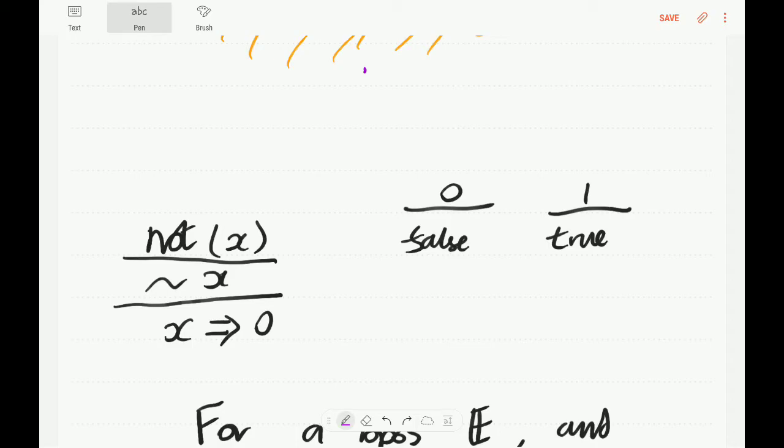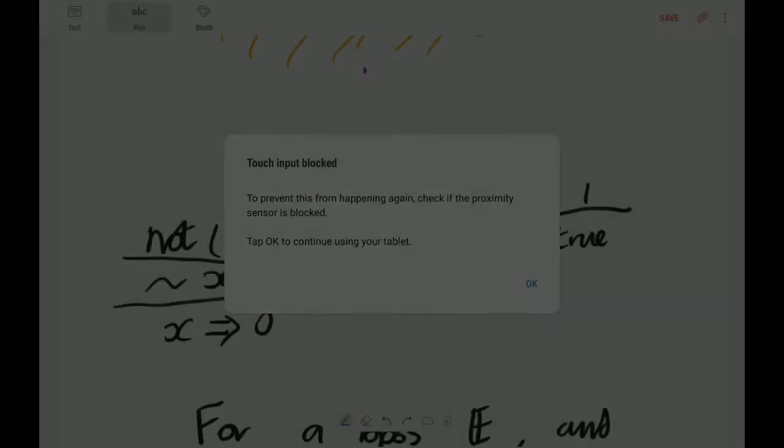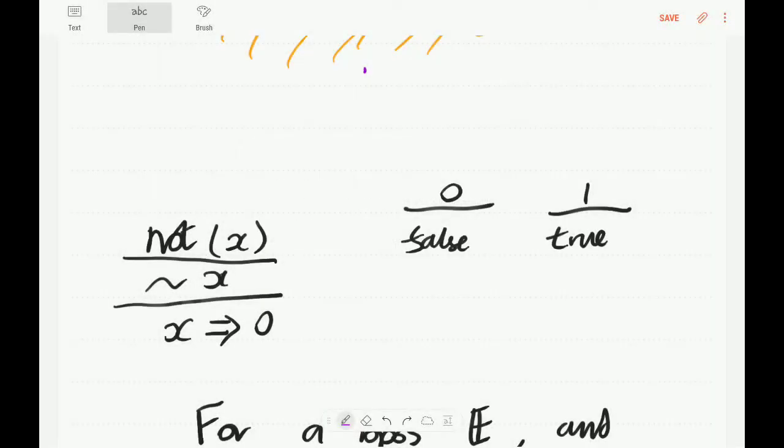For example, 1 corresponds to true, which corresponds to the terminal object, and so on.